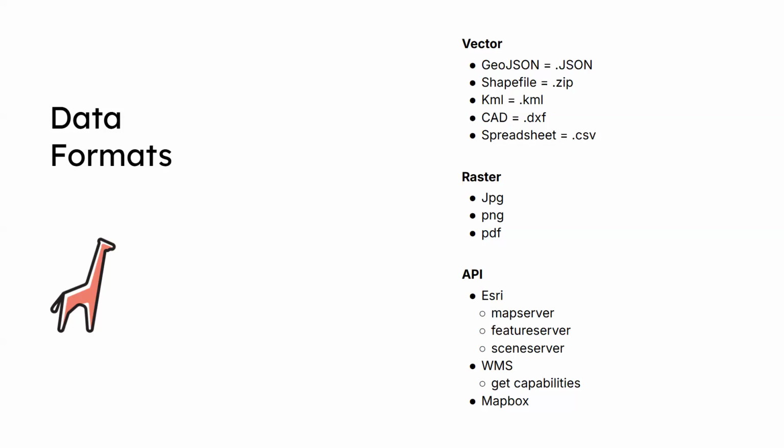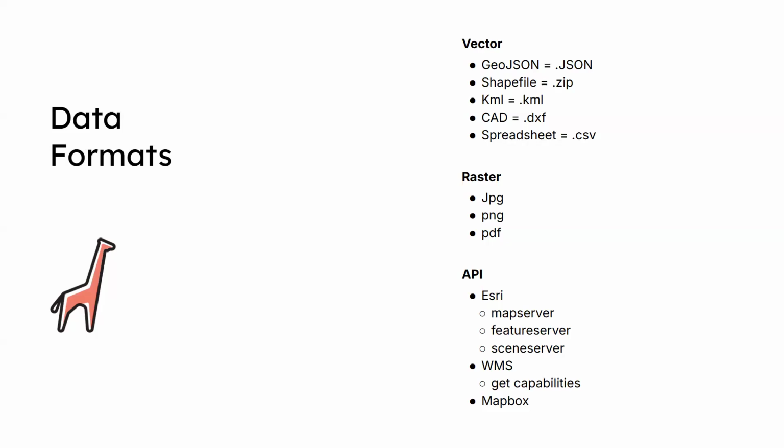So on your screen, you're seeing a list of the data formats that Giraffe accepts. The first category being vector data. And when we're talking about vector data here, these are data sets that you would have downloaded to your computer. So they're not web hosted, they're a point in time file download.